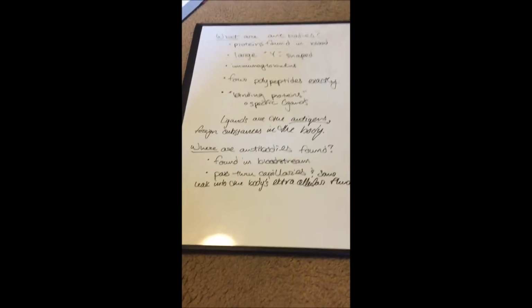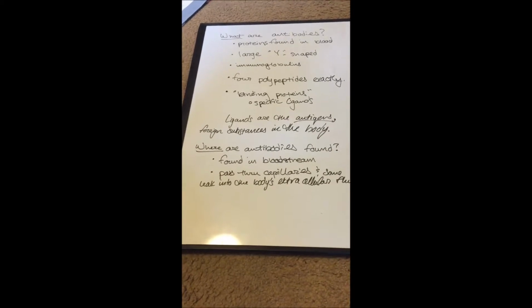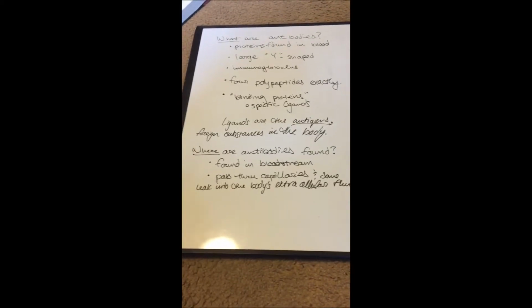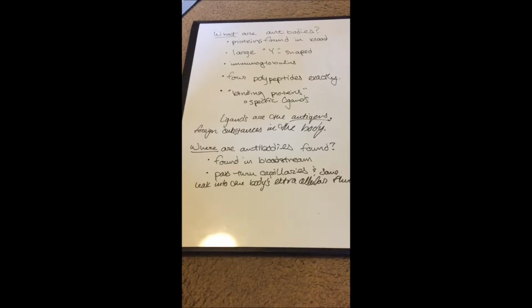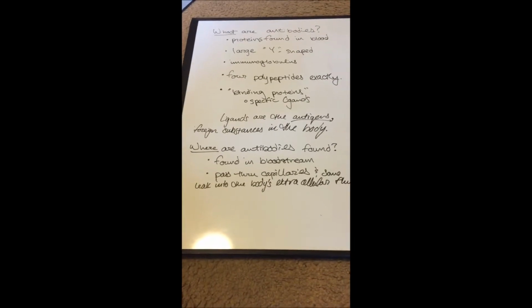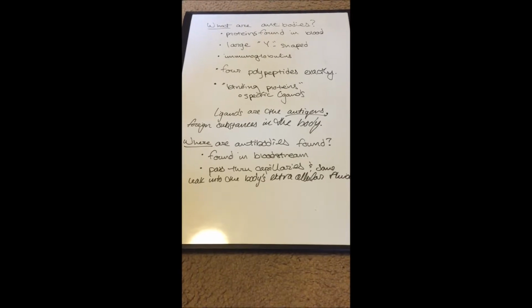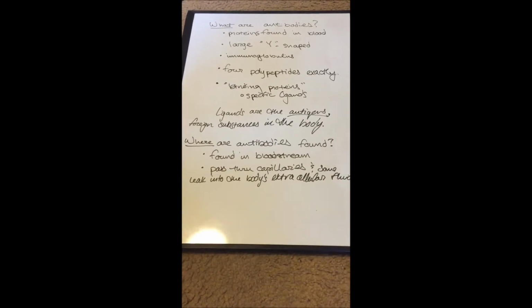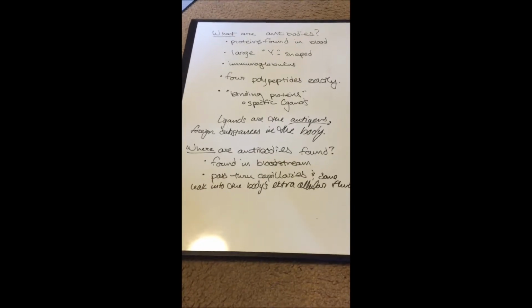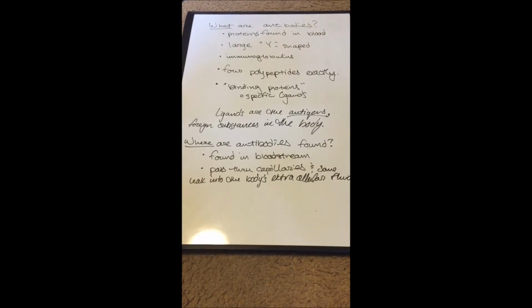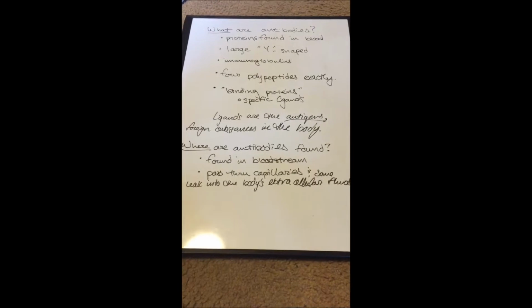Antibodies are proteins found in the bloodstream, and they're large, Y-shaped molecules, all of which are Y-shaped. They are also called immunoglobulins, and they contain exactly 4 polypeptides. They specifically are binding proteins, much like other proteins that bind to ligands.